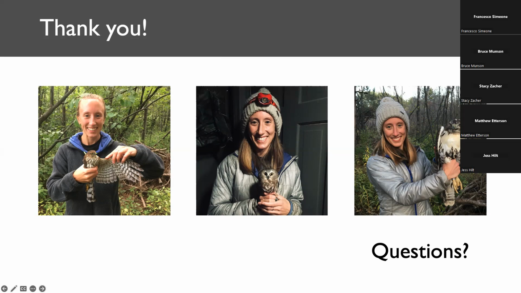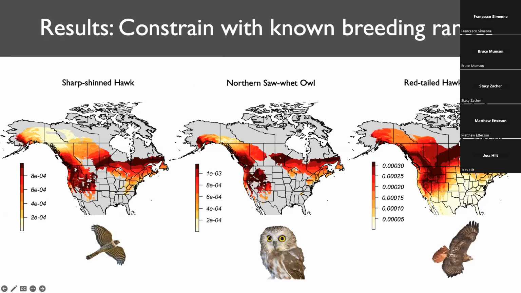So for those maps, I didn't talk about what the values mean. The values are probability densities, which means that if we were to add up all of those probabilities, it would equal 1. The reason why they are different is because the projections on which it was done are different sizes.